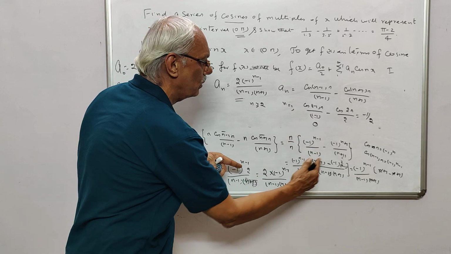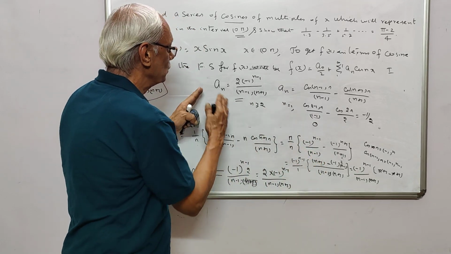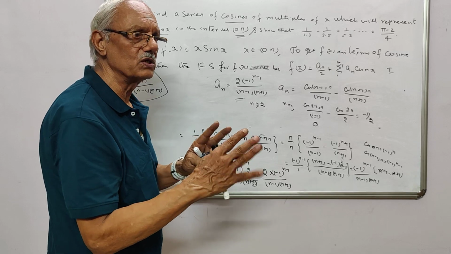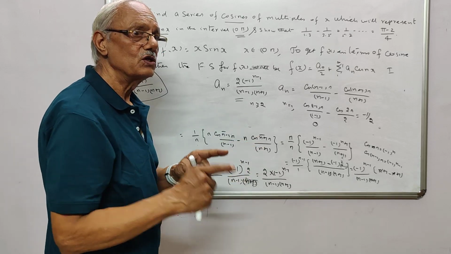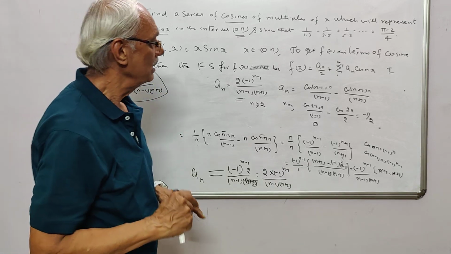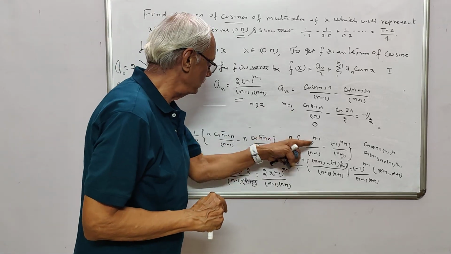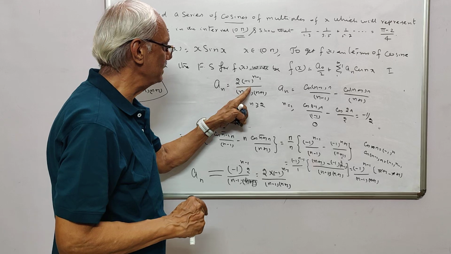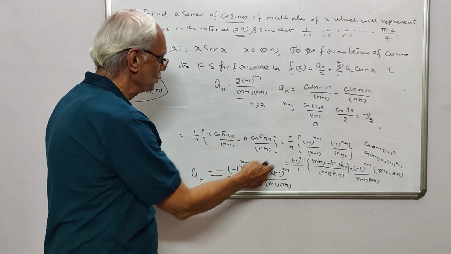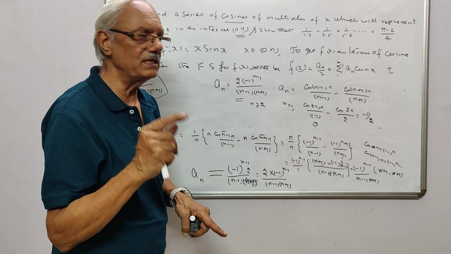So this is valid for all values except n is equal to 1. So when n is equal to 1, what will happen? That is my question. Don't take this, it will mislead you. Take this, because from here only I have got this result. So go to this place and start the discussion.